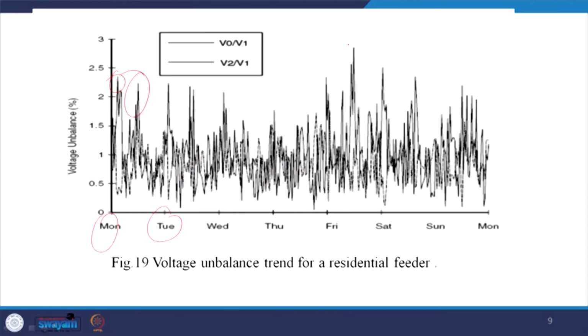For this reason, you can see that when the peak demand is more, the unbalance is also more. This is the case of 2 feeders, V0 by V1 and V2 by V1 for the residential feeder. So, this is the way it changes over the time span while you have an unbalanced load in the distribution system.